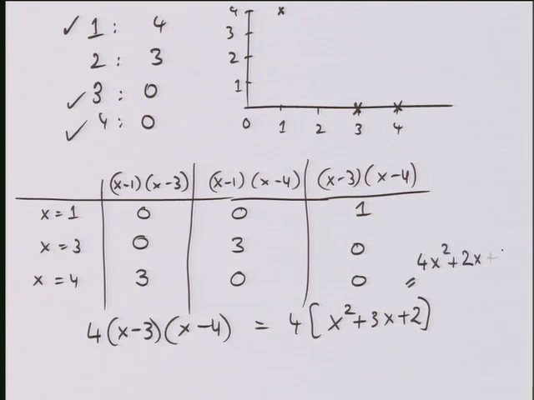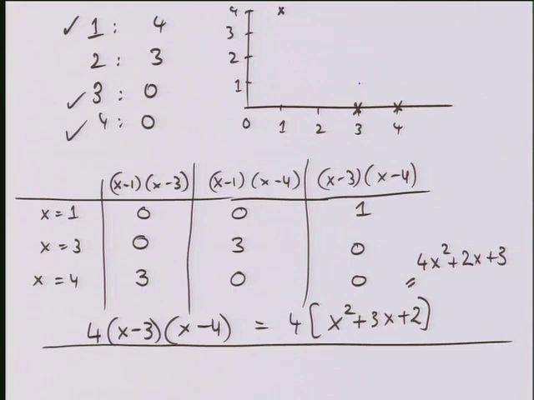Now, to go over it and make sure that you understand how one does interpolation, let's say that we had a different value at 3. Let's say we were trying to interpolate a different polynomial.